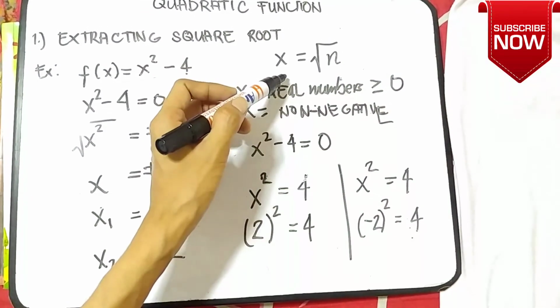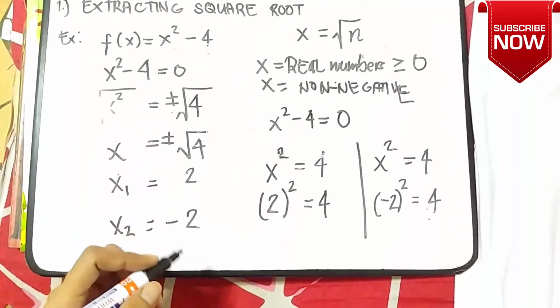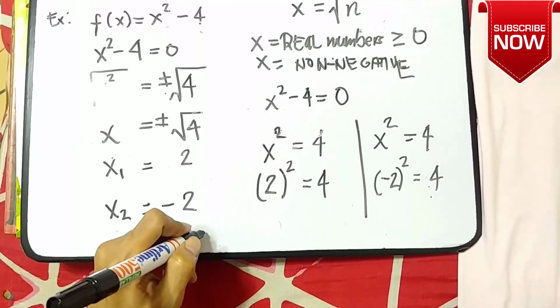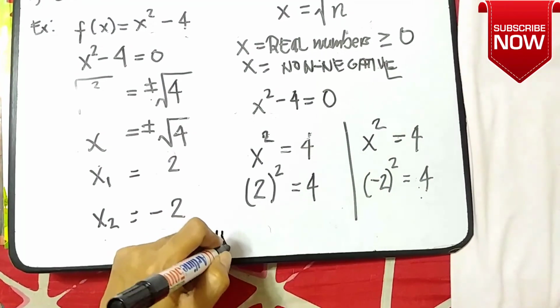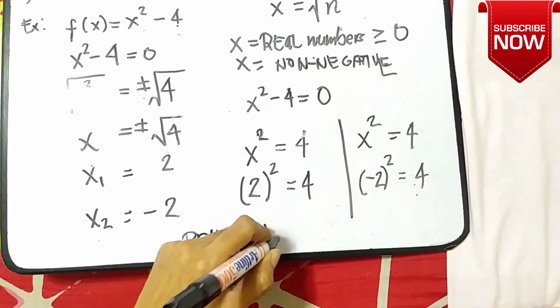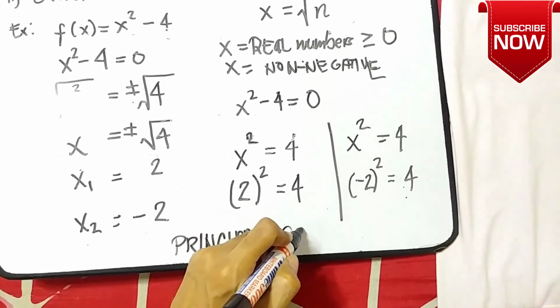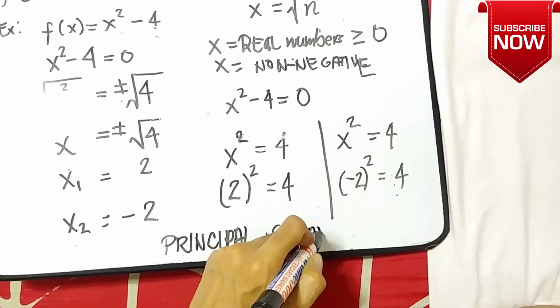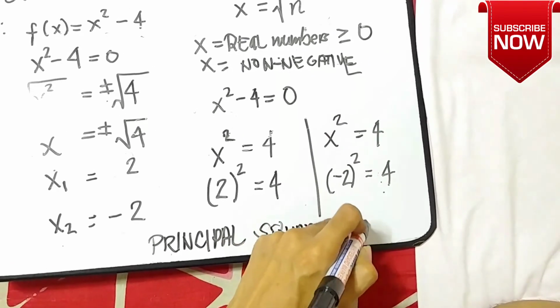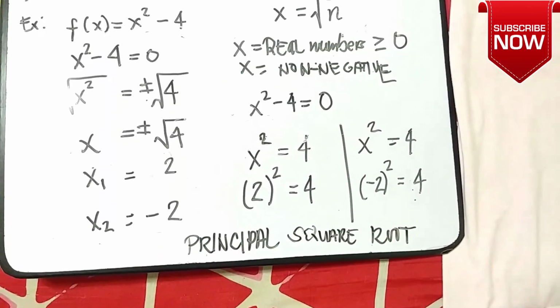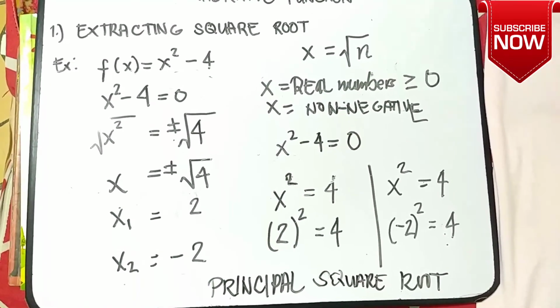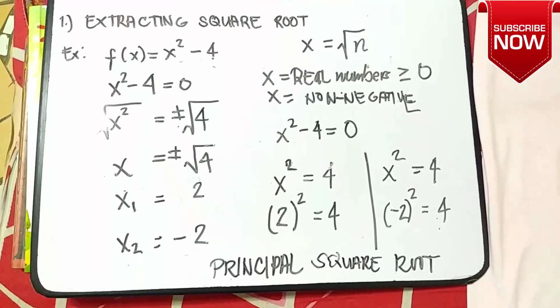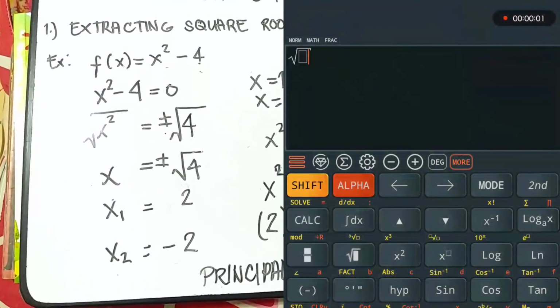At ang any positive square root number ay tinatawag natin na principal square root. Yan. Kaya kung mapapansin natin, pag tinatanong tayo ng teacher natin, what is the square root of 9?